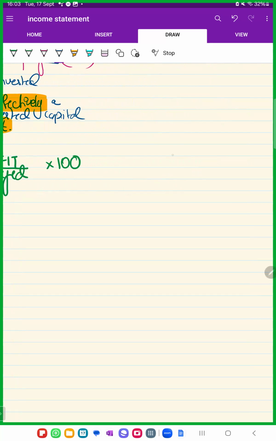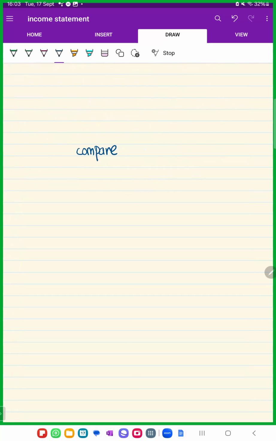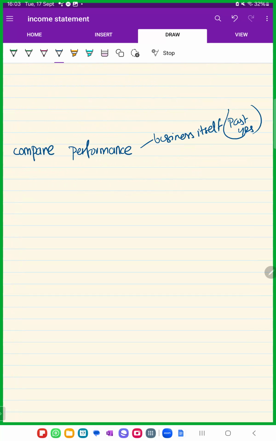This is going to help you compare performance not just with the business itself from its past years. So last year we were this percentage efficient. This year we are this percent efficient.